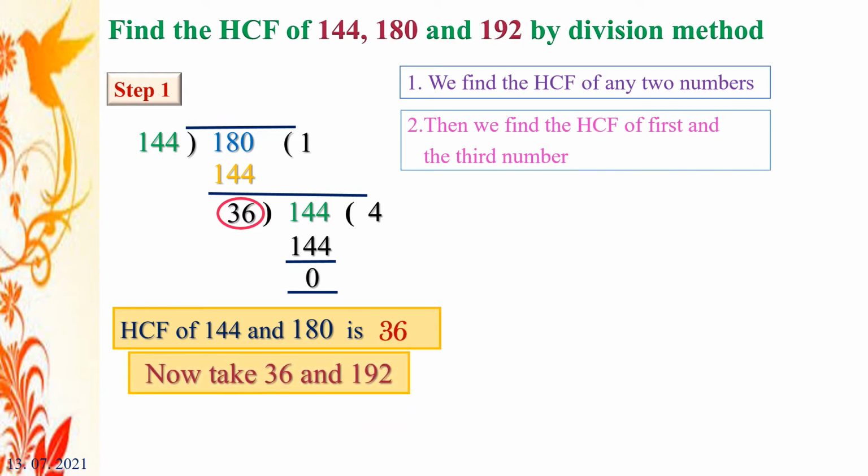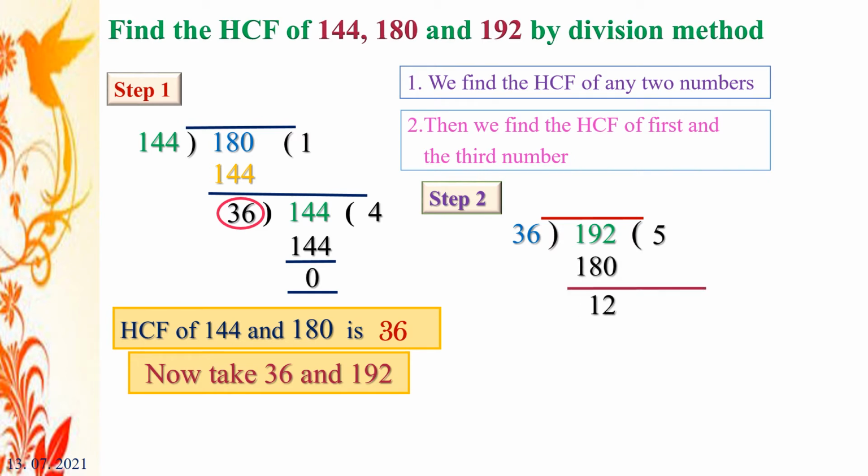Now take 36 and 192. Step 2. Now we are going to divide the greater number by the smaller number. So how many times do we have 36 in 192? We have 5 times, so we'll get 180. Now subtract, the remainder is 12. Now divide the divisor by the remainder. Here the divisor is 36 and the remainder is 12.